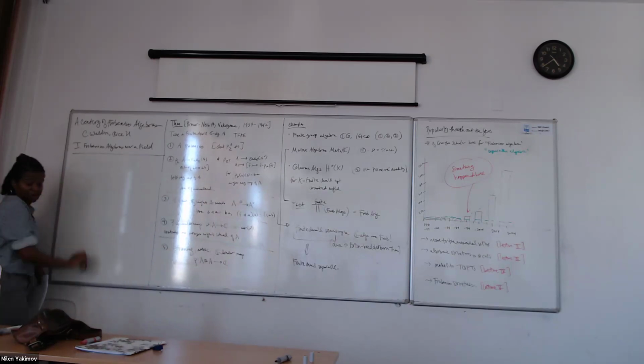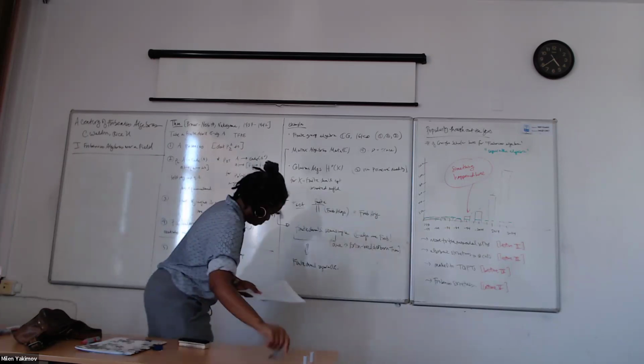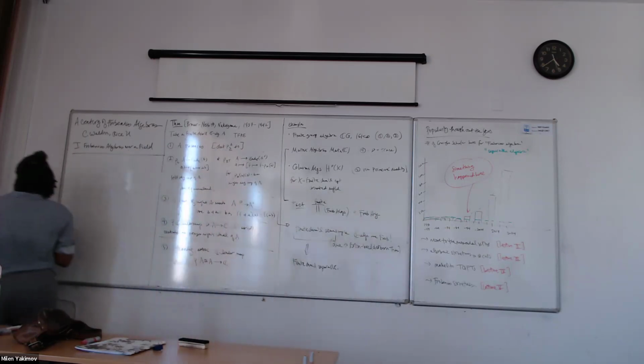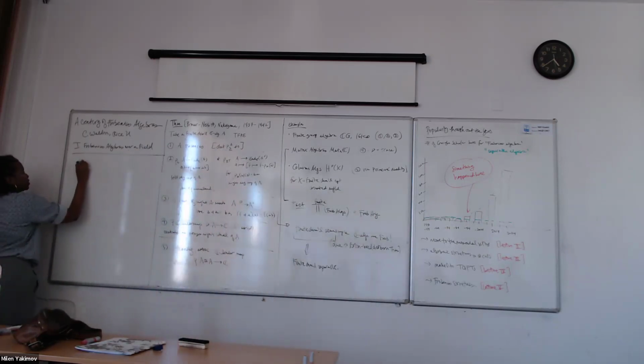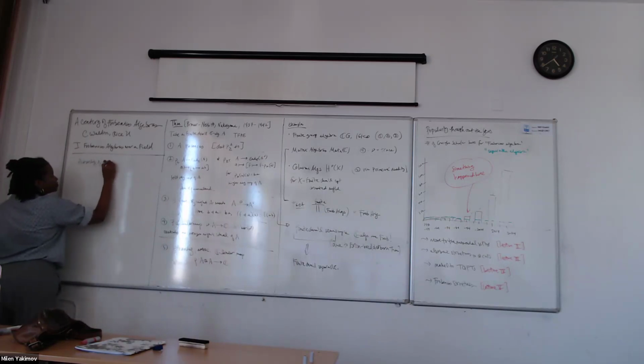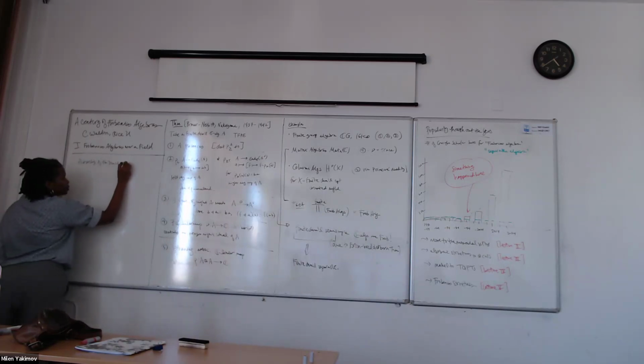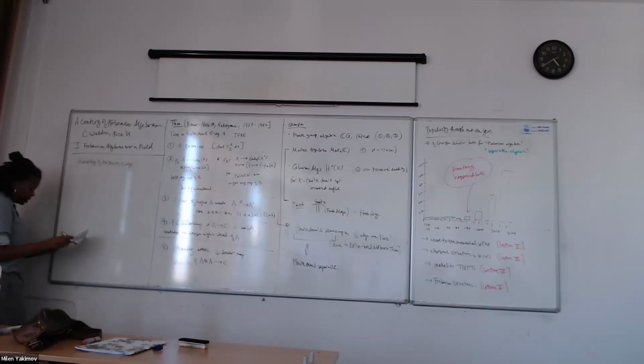Especially if you like finite dimensional algebras. Oh, so this is the hierarchy. Finite dimensional C algebras. Okay, we have Frobenius algebras.